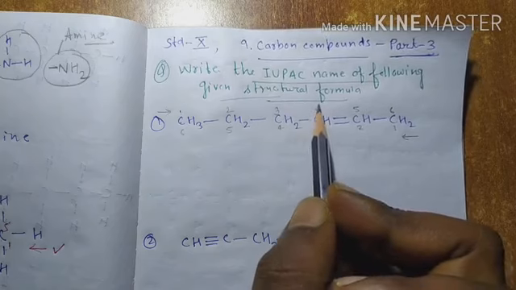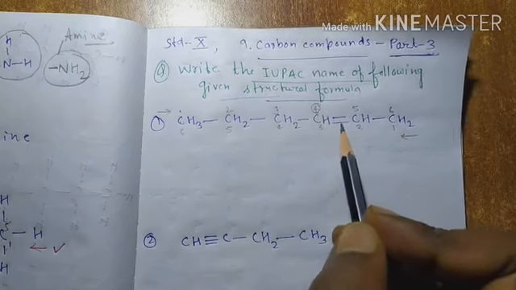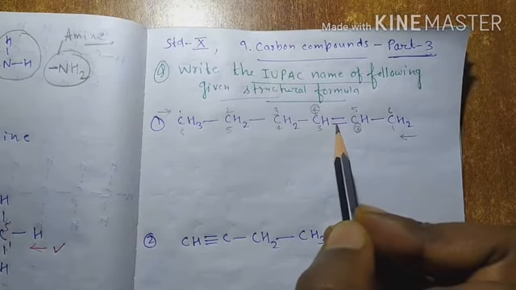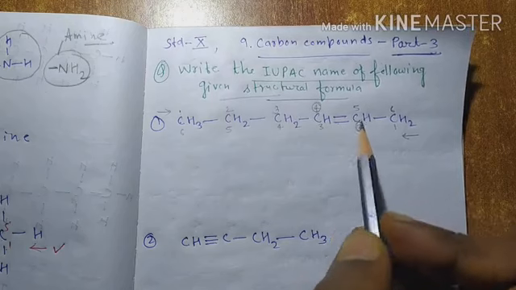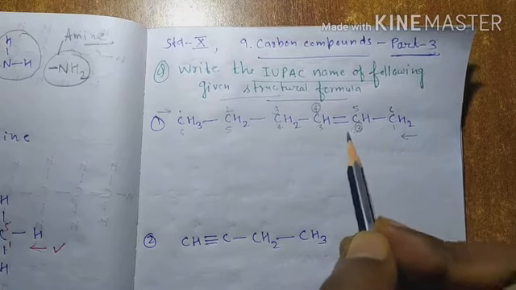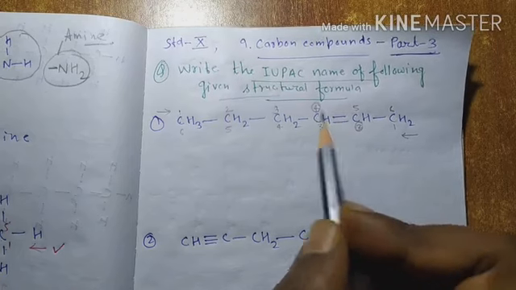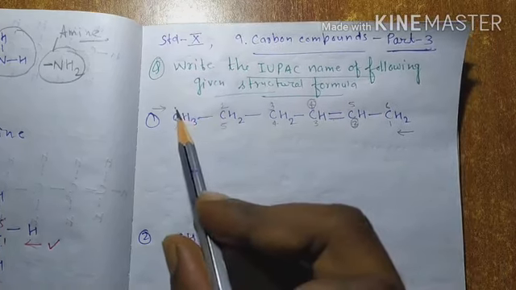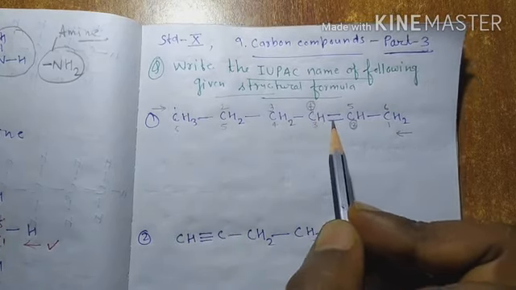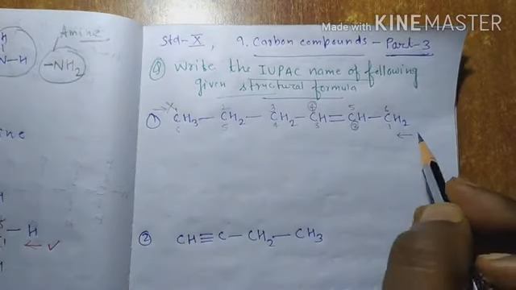So which one is nearest? Which is the correct way to give the number? This one will be correct, because after 2 carbon atoms the double bond is here. But if we write from left hand side to right hand side, after 4 carbon atoms there is the double bond. So this way is wrong, this way is correct.